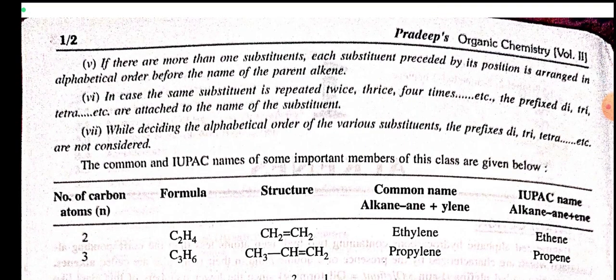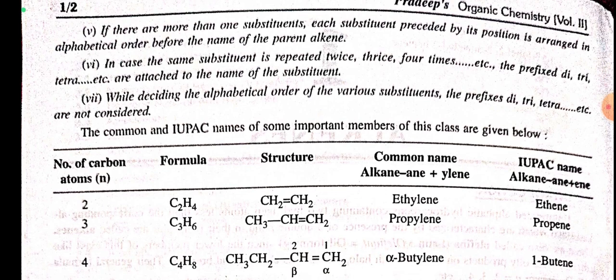If there are more than one substituent, each substituent preceded by its position is arranged in alphabetical order before the name of the parent alkene. If the same substituent is repeated twice, thrice, 4 times, etc., the prefixes di, tri, tetra, etc. are attached to the name of the substituent.